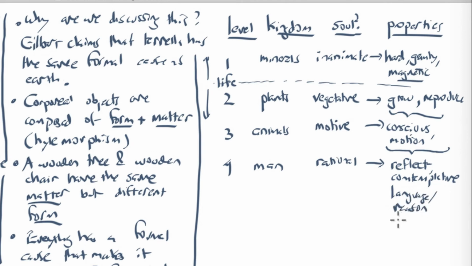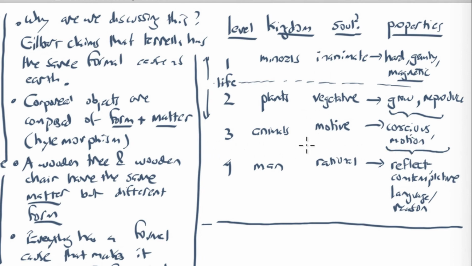Okay? So this gives you an understanding of the way that nature was classified in this ancient and medieval view. And notice that this is not an anti-Christian view. In fact, most Christians had this view up until about the time of Descartes in the 1600s. So Gilbert is right around this time where there's this transition from this worldview to a modern worldview, where basically in the modern worldview that Descartes ushered in, man is the only thing that has a soul.